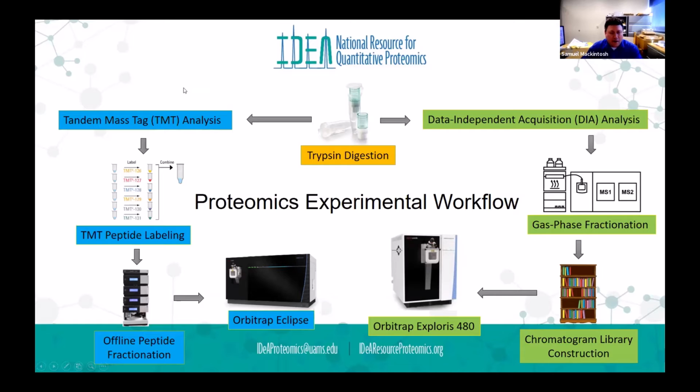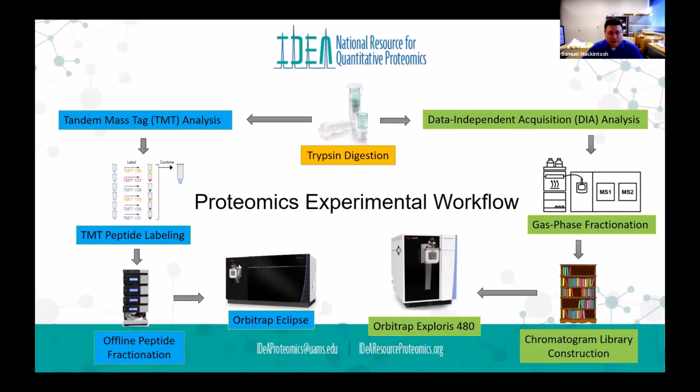And then depending on which mass spec experimental workflow you use, there are a lot of variables that can be tuned and adjusted to fit experimental needs. For example, this offline fractionation can be easily manipulated to collect more or fewer fractions and therefore use more or less instrument time depending on what you need.